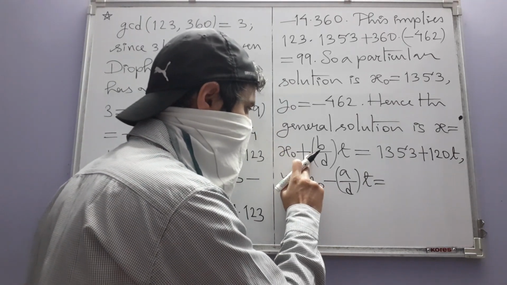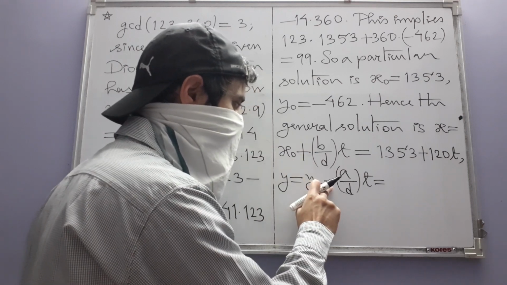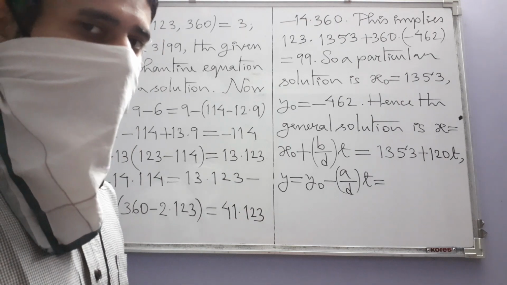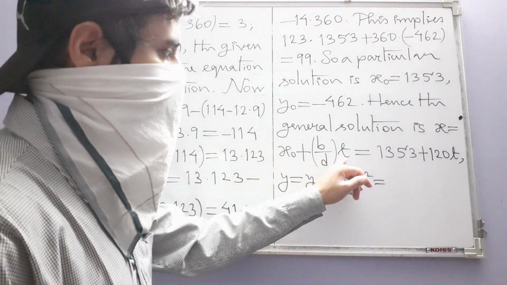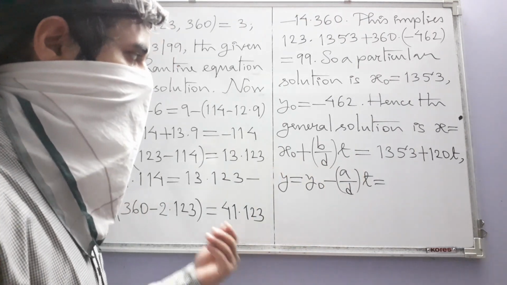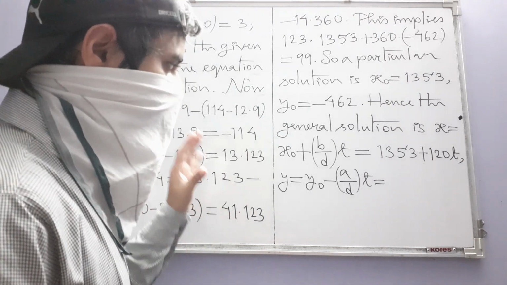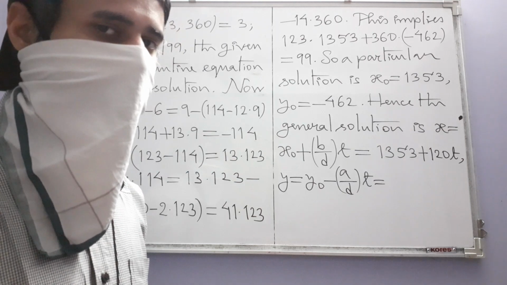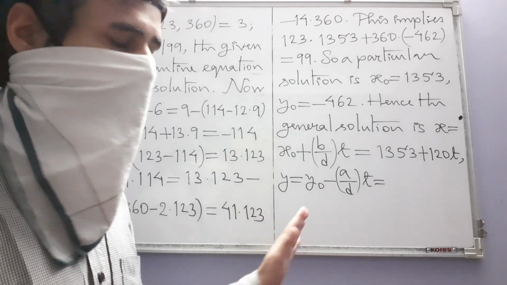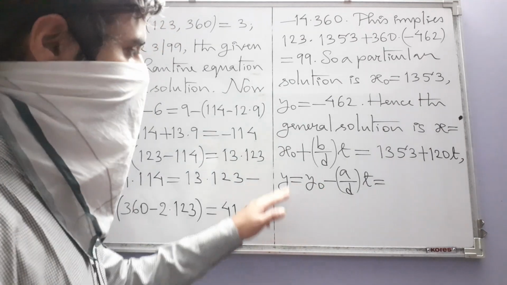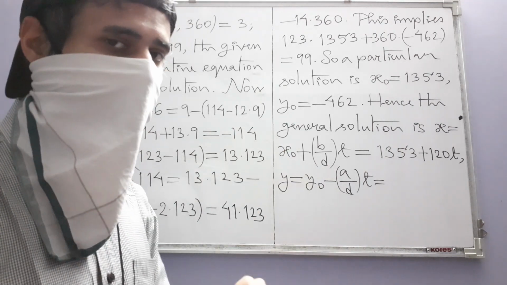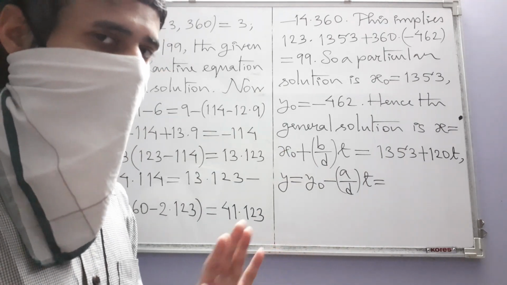If you accidentally write minus here but then write plus here, essentially nothing changes, because that means you are replacing t with minus t, which ultimately gives you the same set of solutions. Okay, so that is not a mistake, but do not write plus in both the formulas or minus in both the formulas. That will be a mistake.